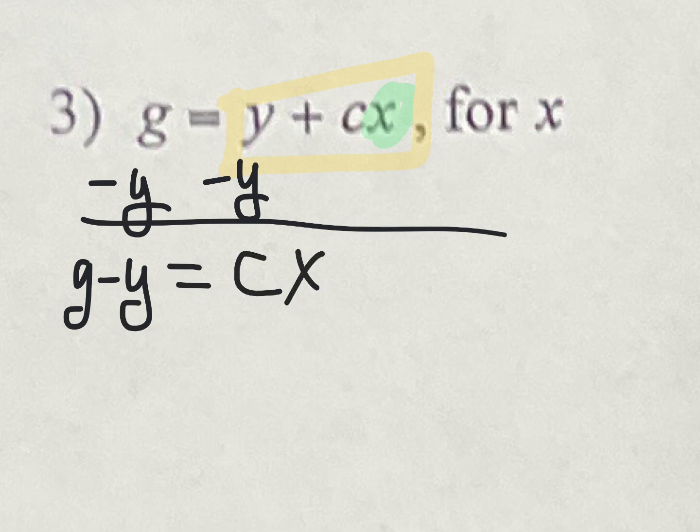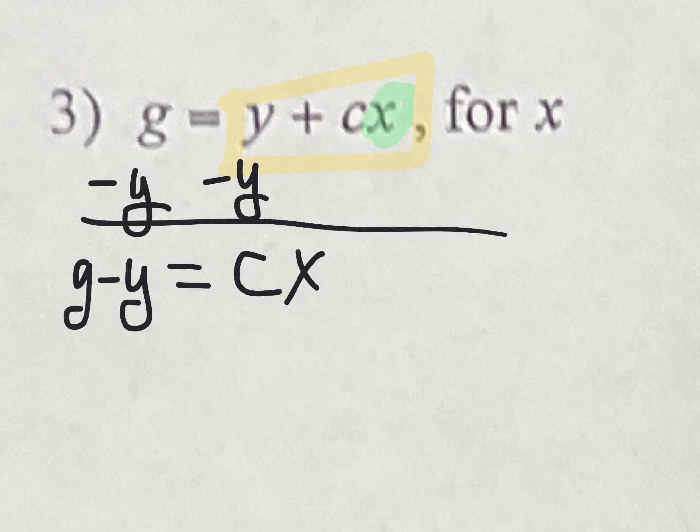Is my x by itself yet? No. What's still sitting there? A c, c sitting next to the x. What does that mean? Adding, subtracting, multiplying, or dividing? Multiply, right? So you've got to divide. Exactly. So remember how we said if you divide, you've got to divide everything.